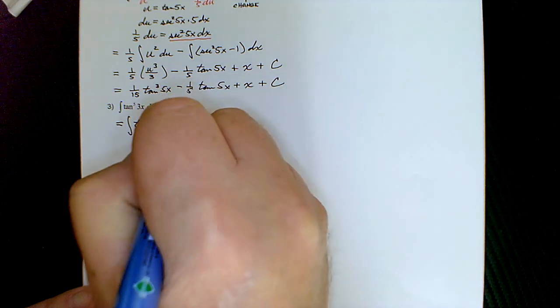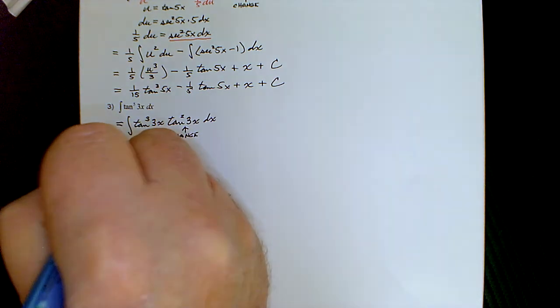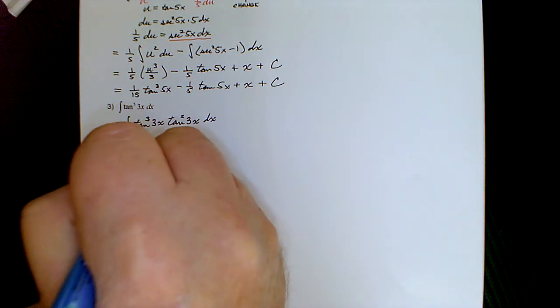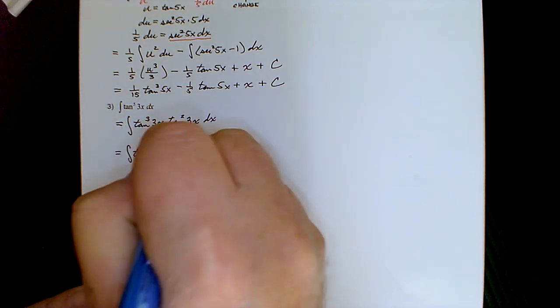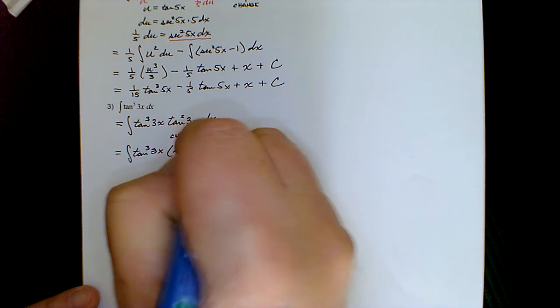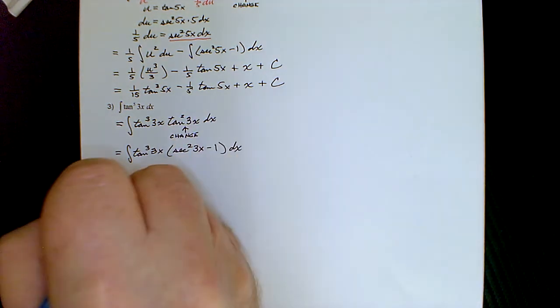And then we're going to change these, once again, by the identity. So that becomes secant squared of 3x minus 1 with respect to x.